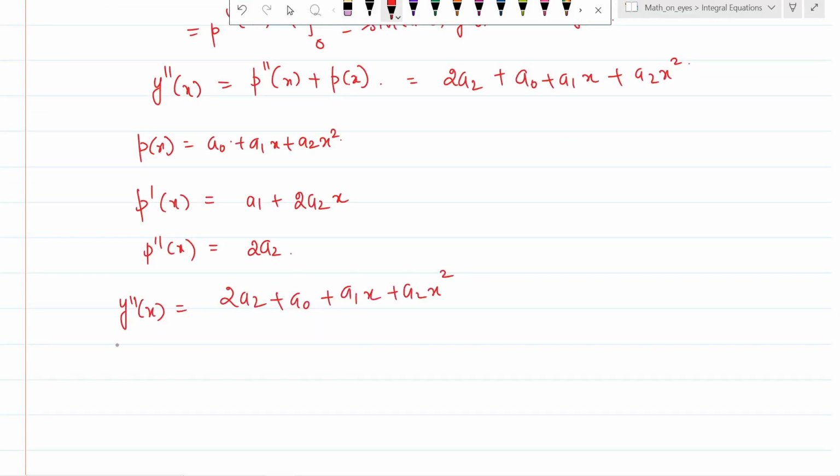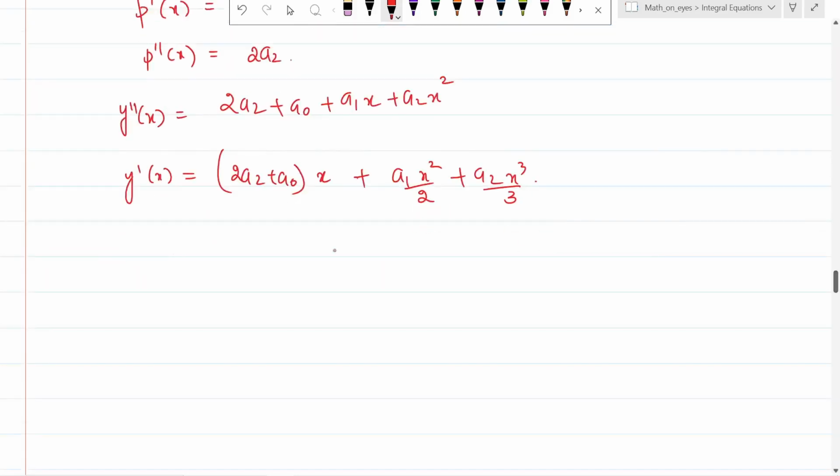Now we will verify for y of x. y dash of x will be equal to, now take the integration, we get 2a2 plus a naught, the whole thing into x as it is a constant, plus a1 x squared by 2 plus a2 x cube by 3.